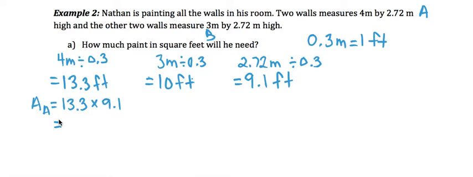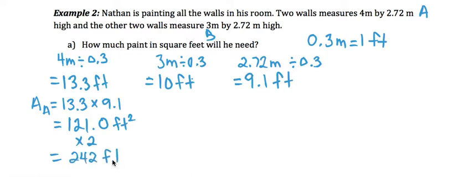So 13.3 times 9.1 gives us approximately 121.0, and that's going to be feet squared. And I'm going to multiply this by 2 in order to get the two walls. So this is for one wall, and when I multiply this by 2, it gives me 242 feet squared.